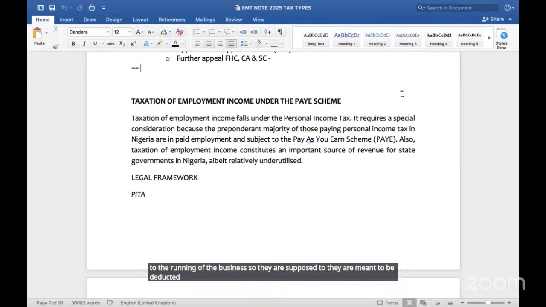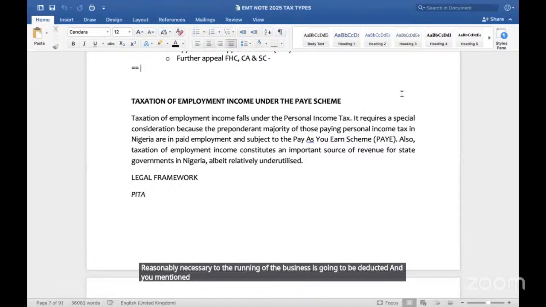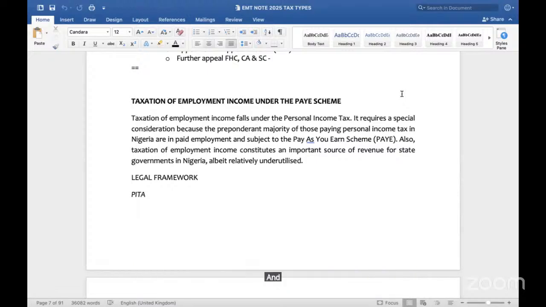And the rent test states that any expenses which are wholly reasonably necessary to the running of the business is going to be deducted. And you mentioned the case of Sheila versus FPRR. And then we have the next stage, which is allowances.